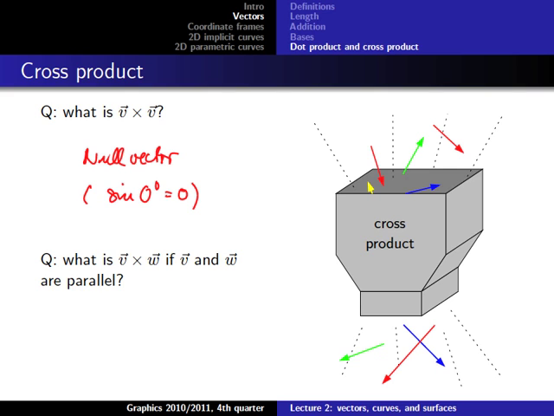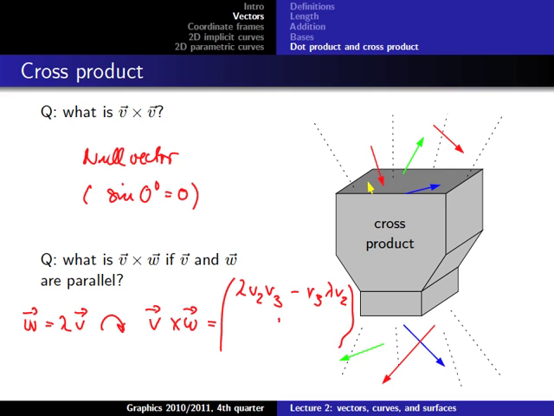But let's look at the other way to solve this question. We can say if they are parallel, then they are defined like this. So the cross product of V and W is lambda V2, V3, minus V3 lambda V2, and so on.